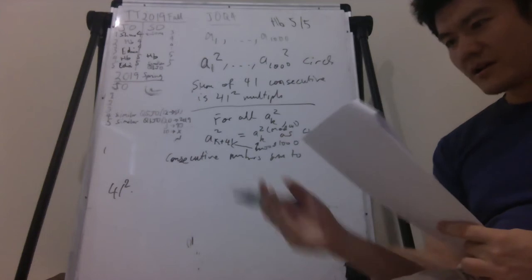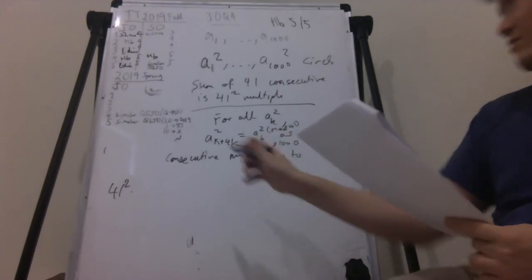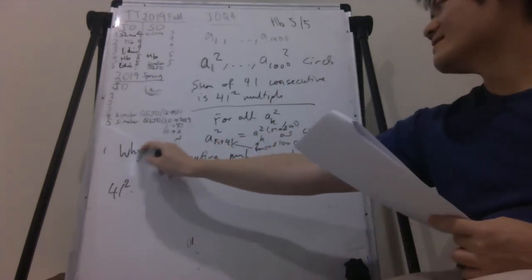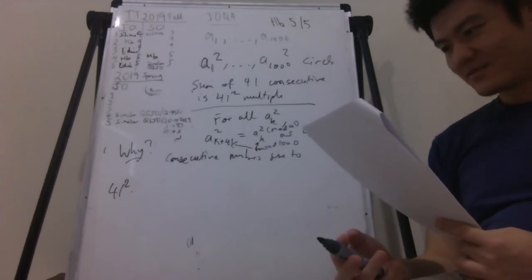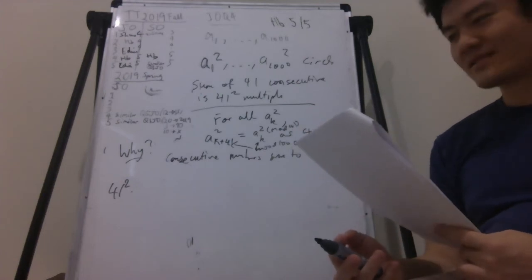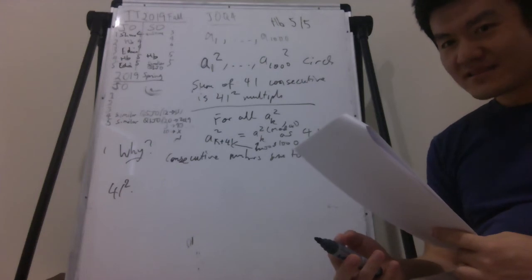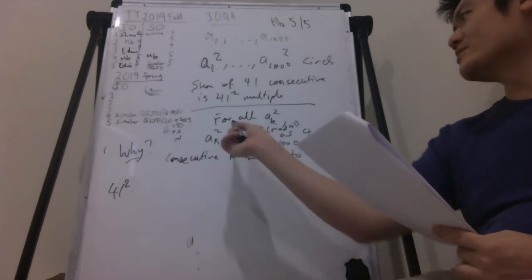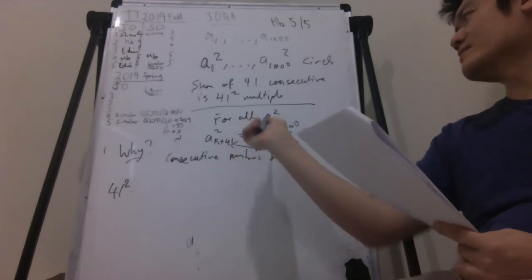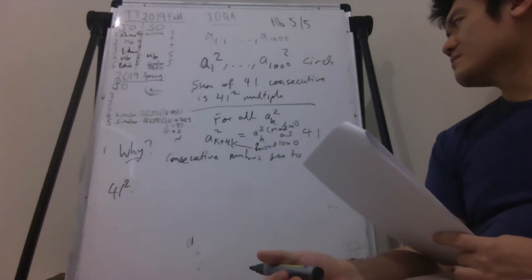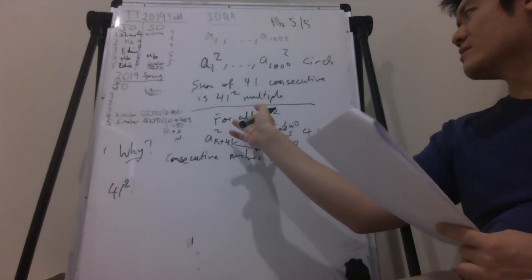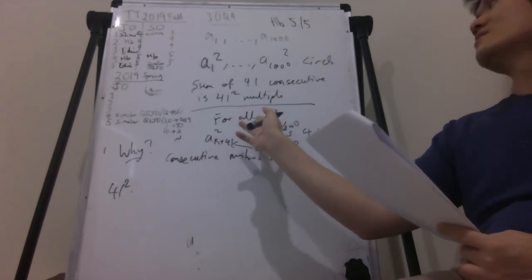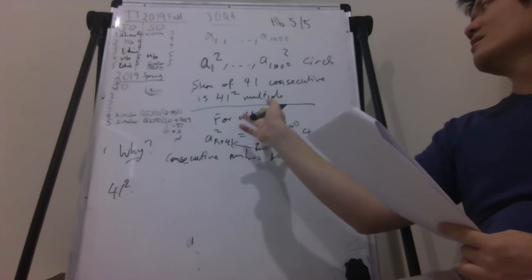So the first comment I have: this enlisted the marker to write Why in red pen. I think the question should have been What. When you say for all ak squared, this is a habit you should get out of in senior: make it clear it's for all the k's, not for all ak squared.